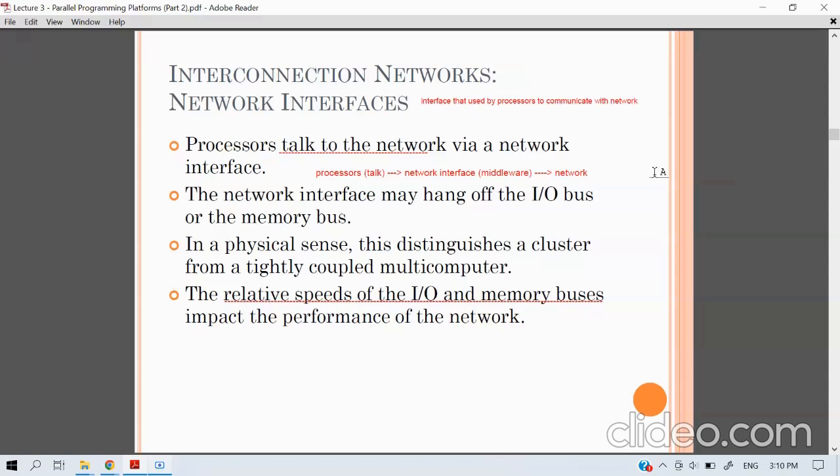It is like the controller between the processors and the network. In a physical sense, this distinguishes a cluster from a tightly coupled multicomputer. The relative speeds of the I/O and memory buses will impact the performance of the network.